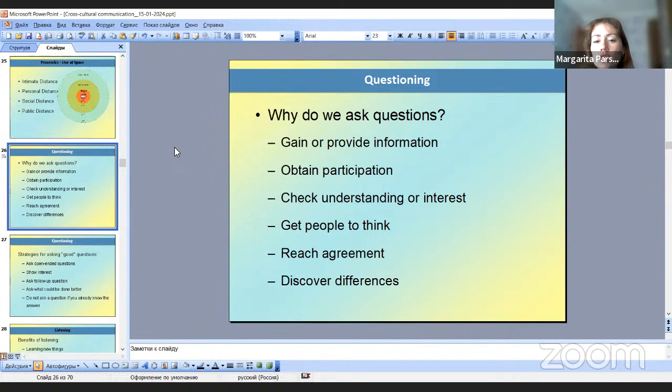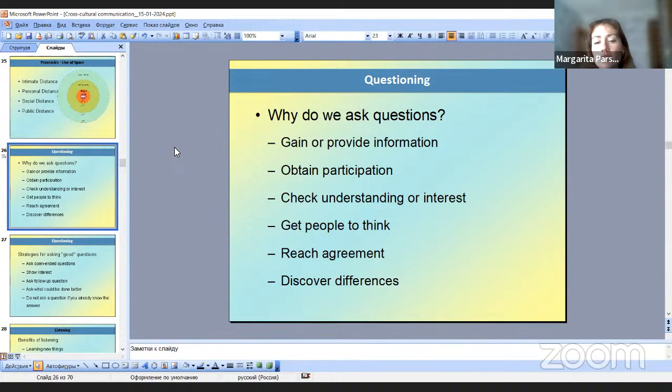When you're asking questions, it makes the other people think about the information, whether they want it or don't want it. When the question is being asked, the mind of every person, so to say, creates this tension to seek the answer to the question.